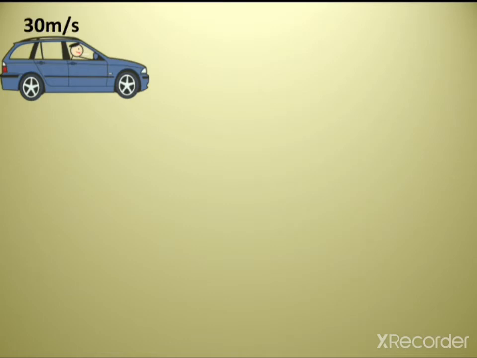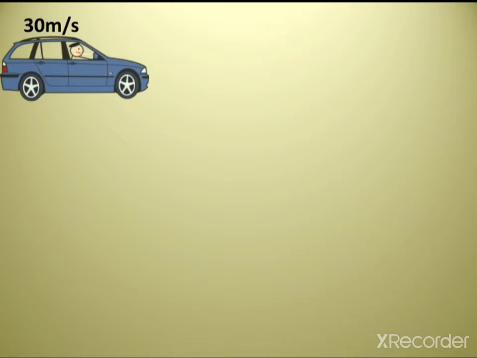You just have the information about the movement of the car, that it is moving with the speed 30 meter per second, but you don't know in which direction the car is moving. Therefore the physical quantity speed is a scalar quantity, as it is described only by the magnitude 30 meter per second, but does not have any information about the direction of motion of the car.